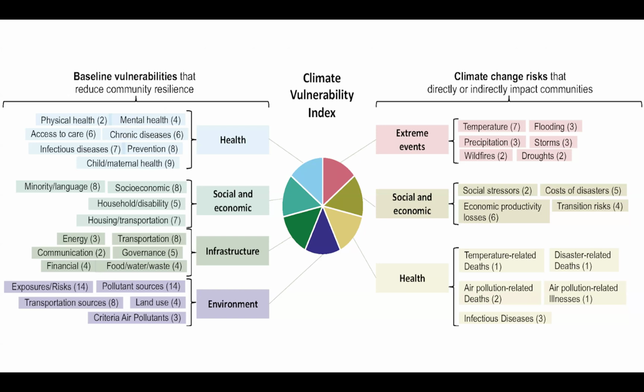There are socioeconomic indicators such as housing, disability, and transportation; infrastructure related to energy, transportation, communication, finance, and waste; environment related to transportation sources, land use, and pollutant sources; extreme events related to temperature, precipitation, wildfire, droughts, flooding, and storms; and climate risks based on health, including temperature related diseases, disaster related diseases, air pollution related illness, and infectious diseases.